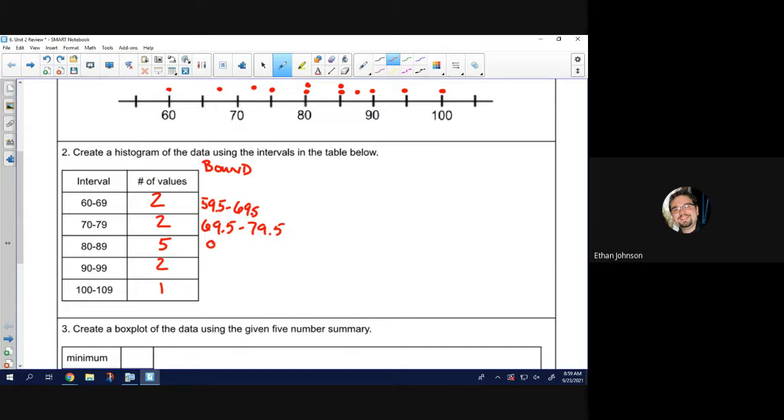We have 79.5 to 89.5. 89.5 to 99.5. Lastly, we have 99.5 to 109.5.